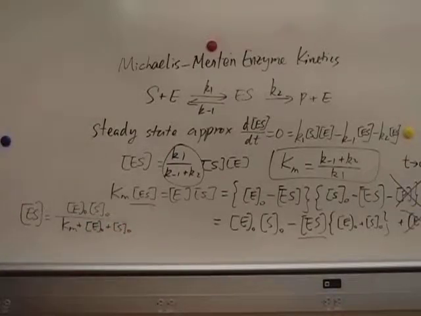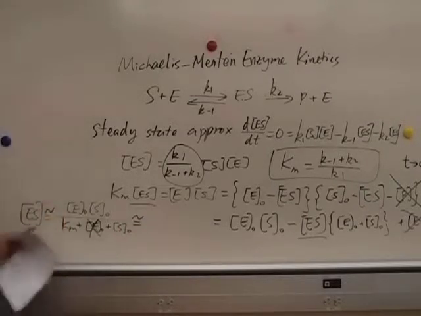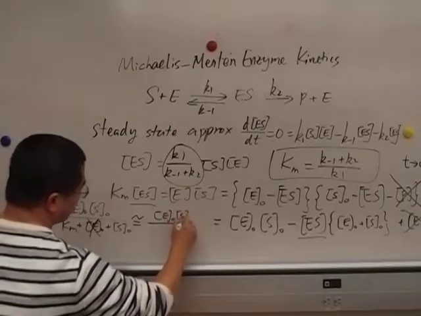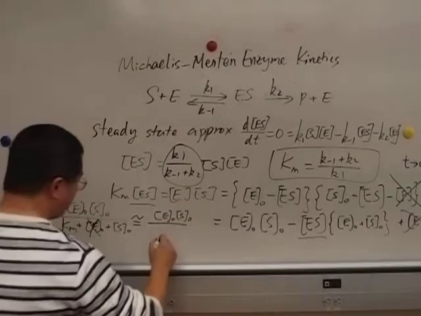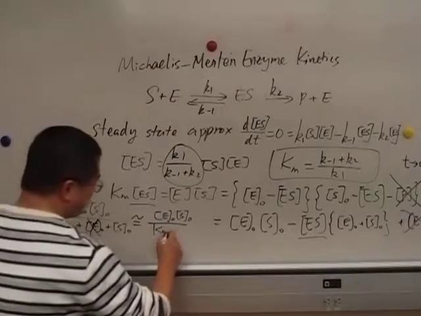Typically we can assume the initial concentration of the enzyme is much smaller than the initial concentration of the substrate, so this is approximate as well. And then we have this equation for ES at the very early stage of the reaction.